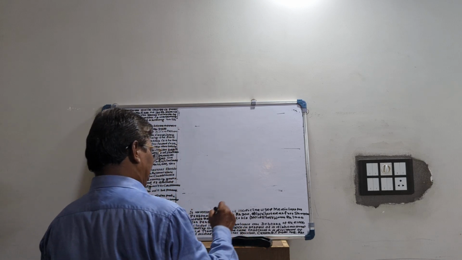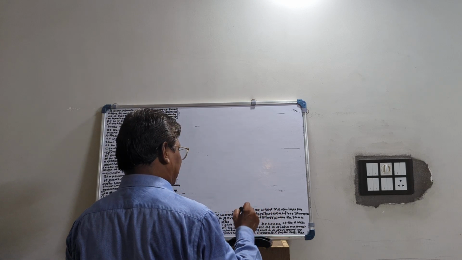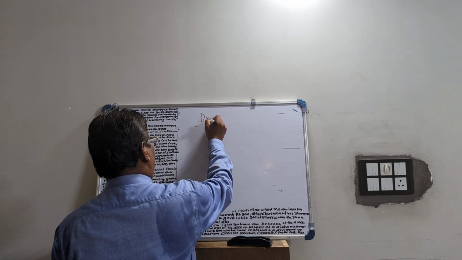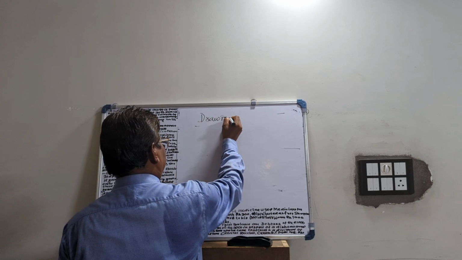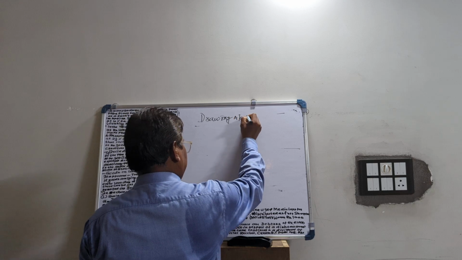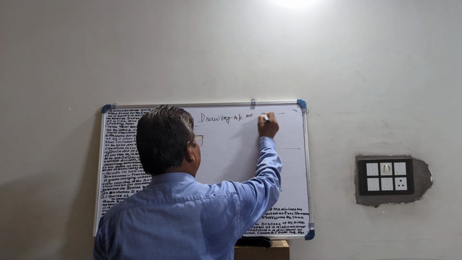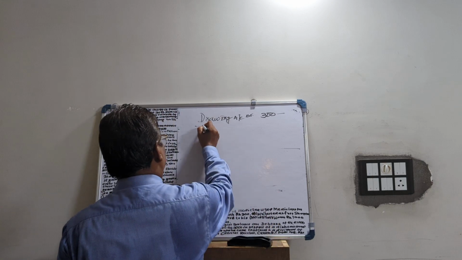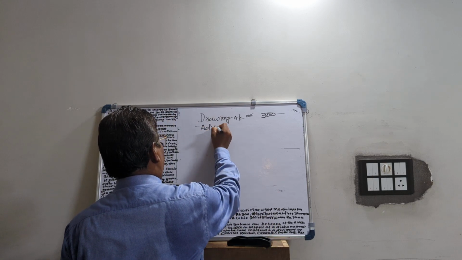So first, when he is using the medicine for his personal use, we will debit drawing account. The amount is 300.